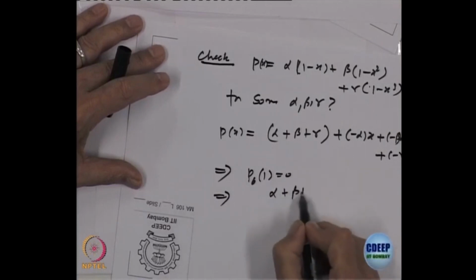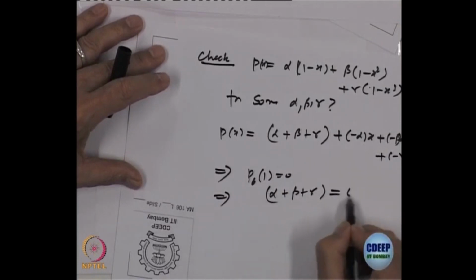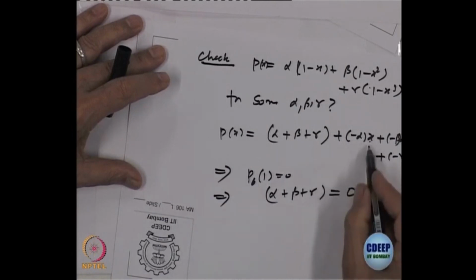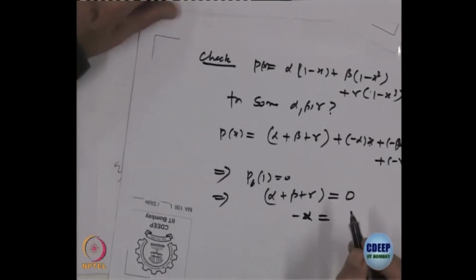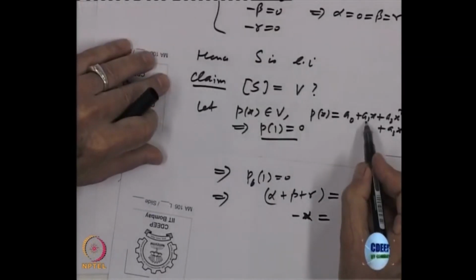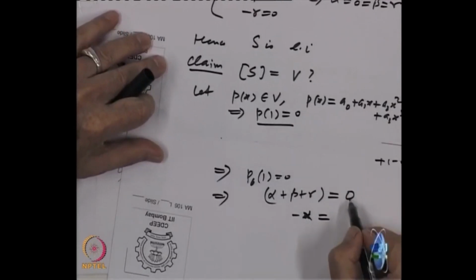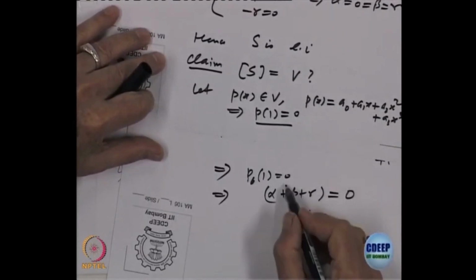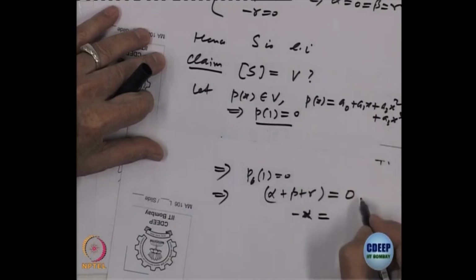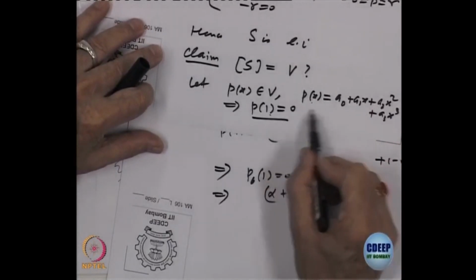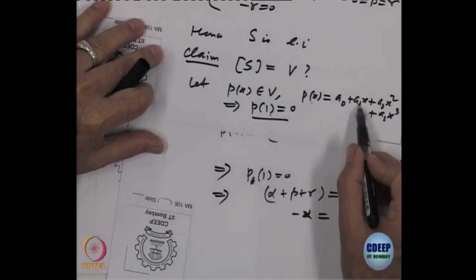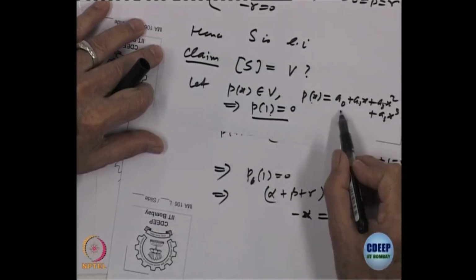Alpha plus beta plus gamma is equal to 0, and this goes off, a0 is equal to 0.